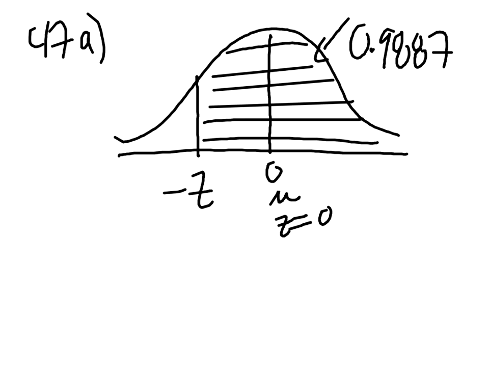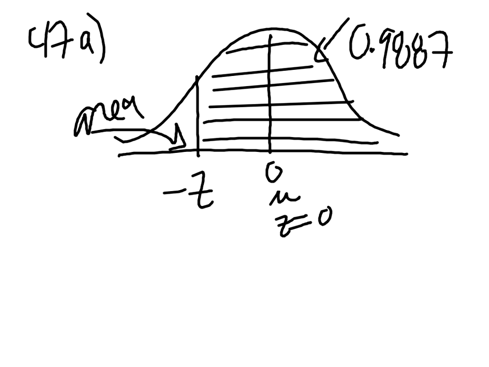Now, we know we can't do that directly, because our Z tables aren't set up that way. We can't go into our tables at 0.9887 to find our Z value. Remember, there are other approaches and other tables, but the way that the book wants us to do this is our Z values will tell us the area to the left of that missing Z value there.